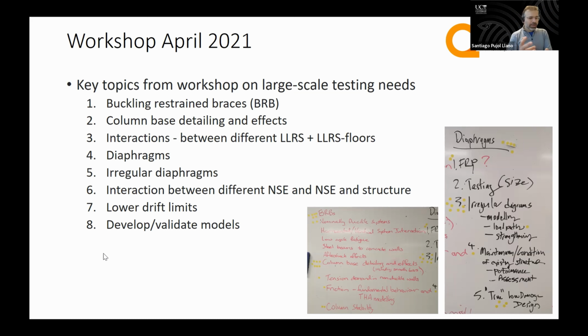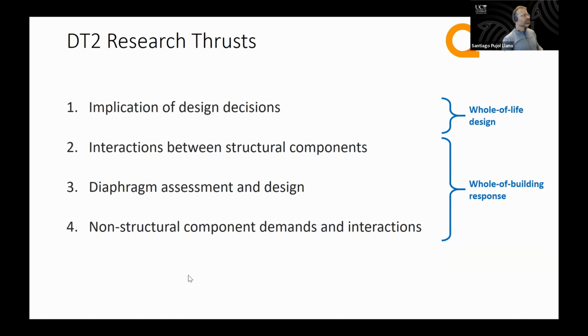And during the workshop, examples of successful use of lower drift limits were mentioned, and I'll allude to them again in a couple of slides. And then last, of course, to support all of these ideas, we need to run simulations, numerical, and we hope maybe some physical simulations, shake table tests, if you will, to make sure that what we propose works.